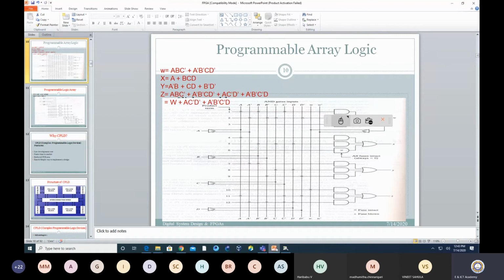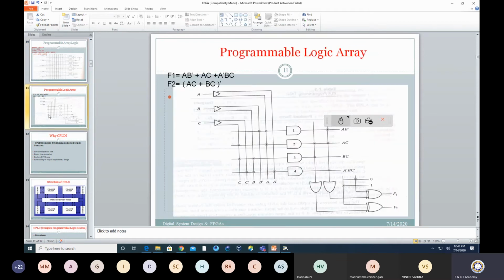And with less programmability, you need to consume less energy, and with that I can still get everything. Then why go for a PLA where I have both programmability? Here more energy is needed, so of course I also need to consider the energy.